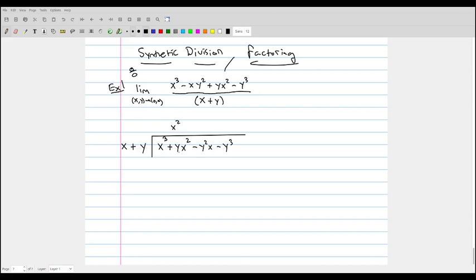You're trying to get rid of the highest order terms in x here. So specifically, if I multiply x squared by this polynomial and subtract, I end up getting x squared times x is x cubed. Then x squared times y is y times x squared.